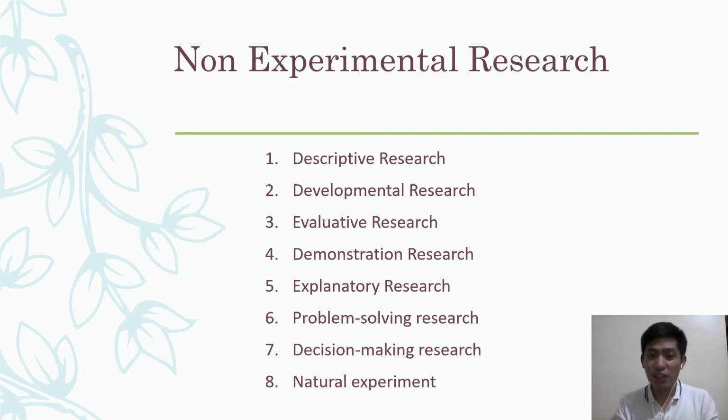Problem solving and decision making. Yes, you may be confused because there's experiment to this, but in problem solving and decision making, you have a pool of evidence and you analyze it. What are the most effective problem solving strategies? And last is natural experiment.